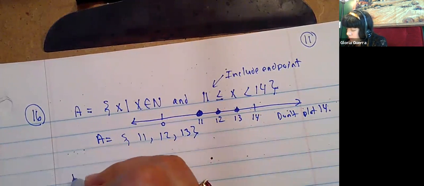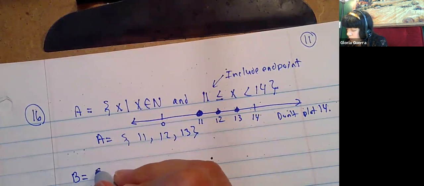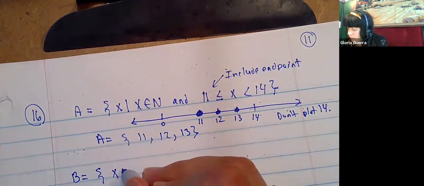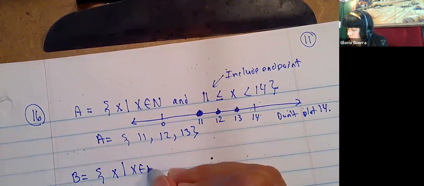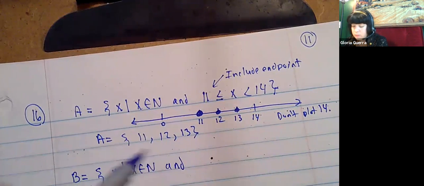Okay, now let's check out B. B was the set X, and X was a natural number. And then it's got this written down. Write that down.